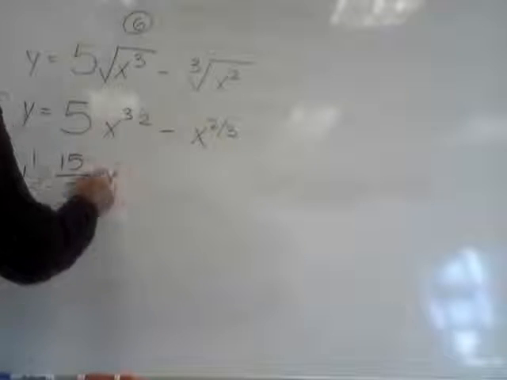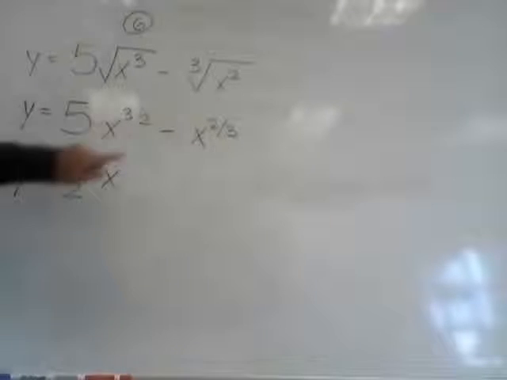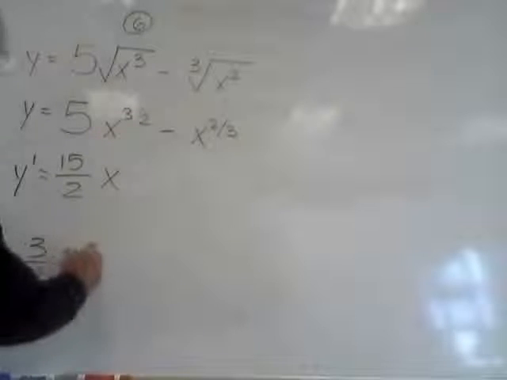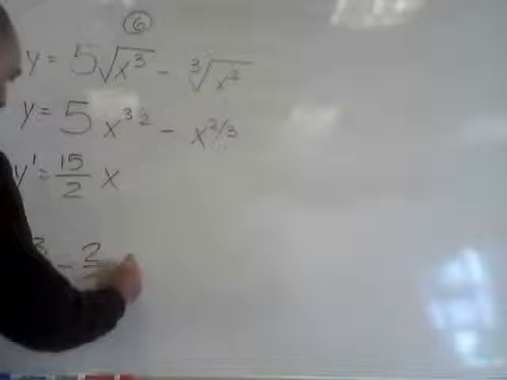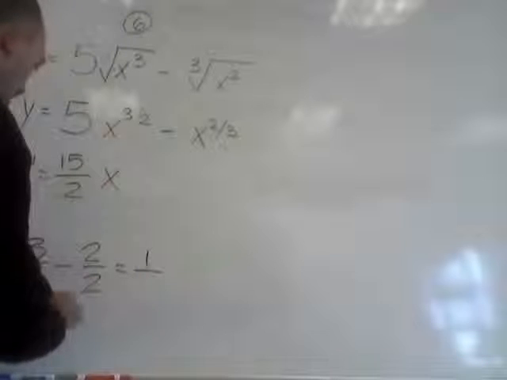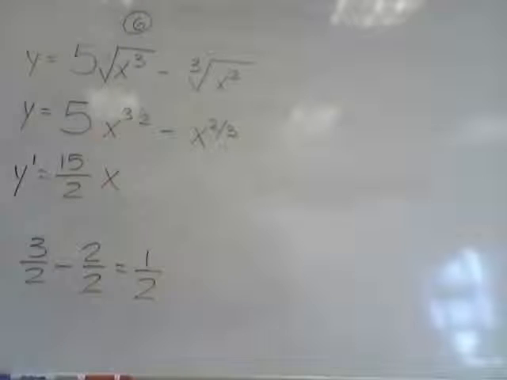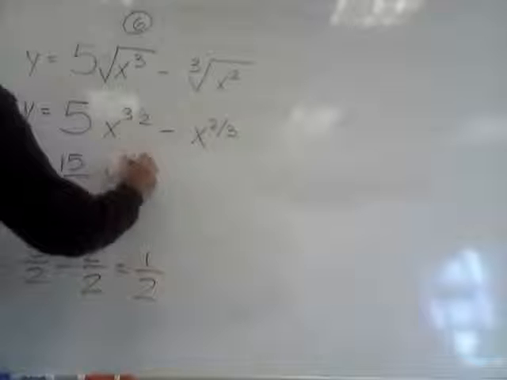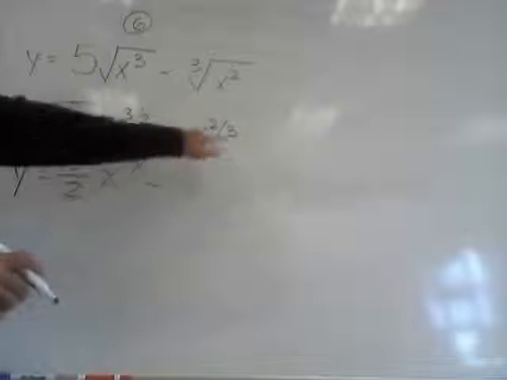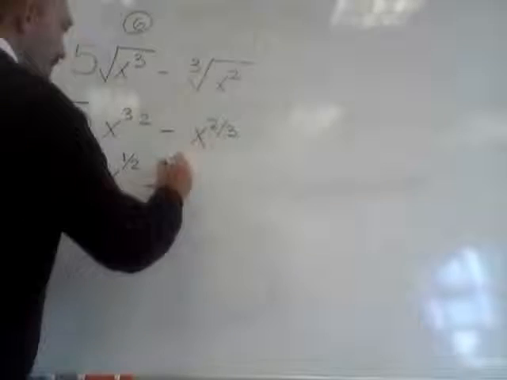X remains the same, and this one minus 1. Let me do it here. 3/2 minus 1. Again, I'm going to take this because my denominator should be the same. 2 and 2. 3 minus 2 is 1, and 2 remains the same. Okay? 1 over 2 comes. Minus, I'm going to do this again. 2/3 times 1 will be 2/3.